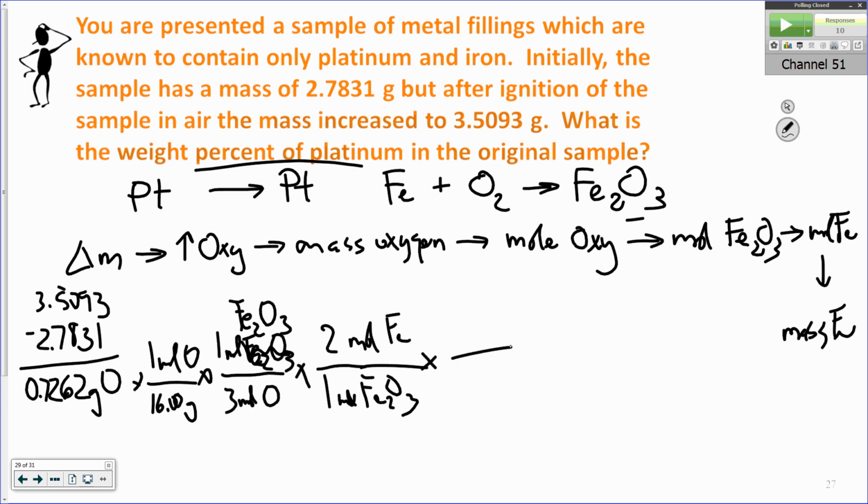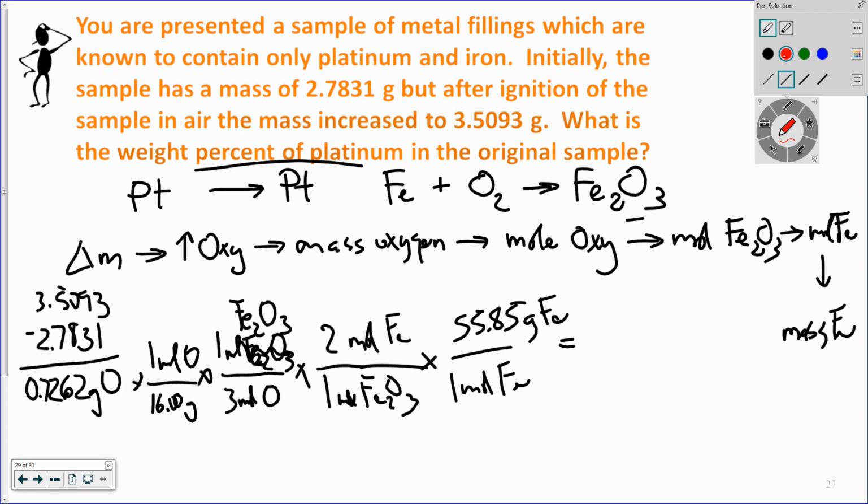Now we can get to the mass of iron. 1 mole of iron weighs 55.85 grams. We get that from the periodic table. Before I do calculations, I always like to convince myself I've got the units set up right.